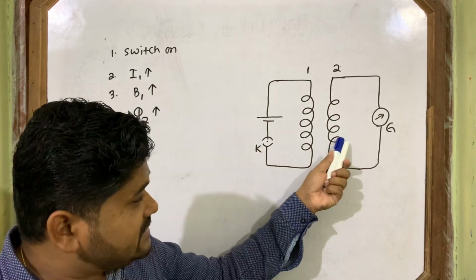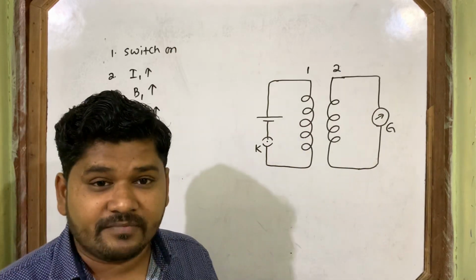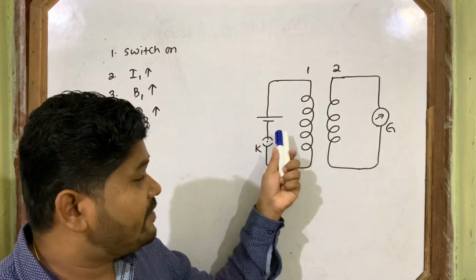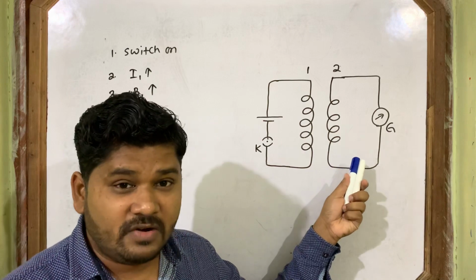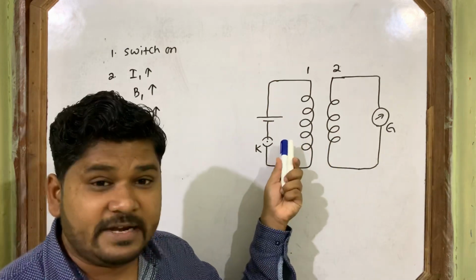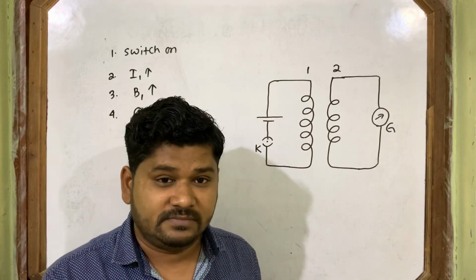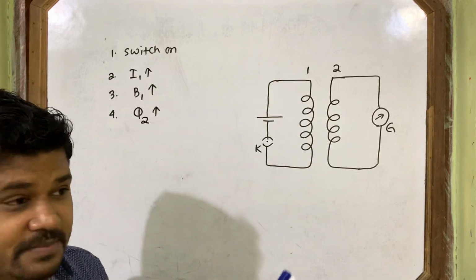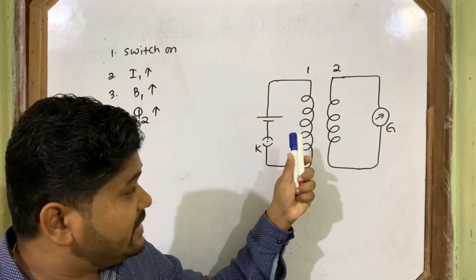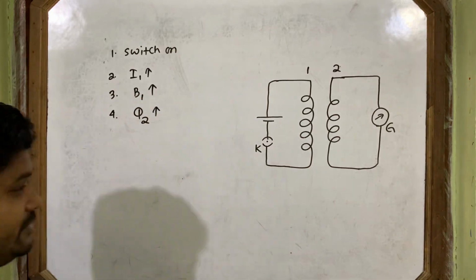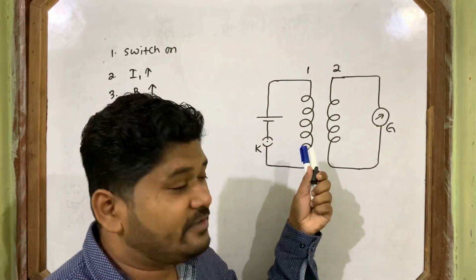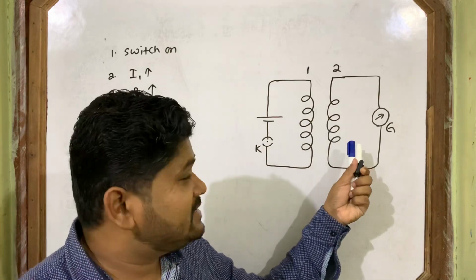Some flux is linked with the second coil due to the magnetic field of the first coil. Remember this one. So flux increases in the second coil due to the increase in current in the first coil.